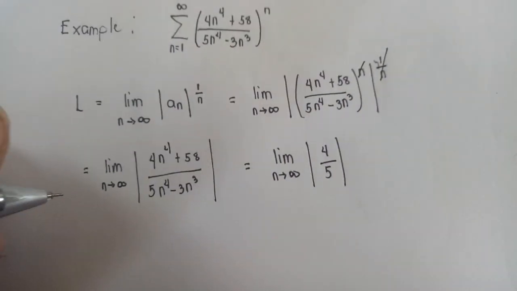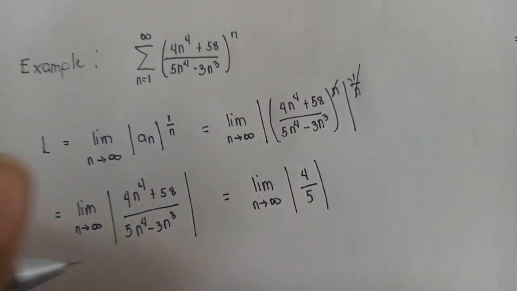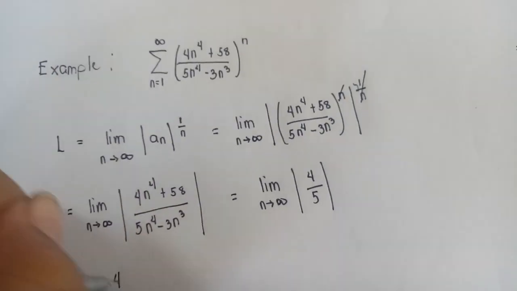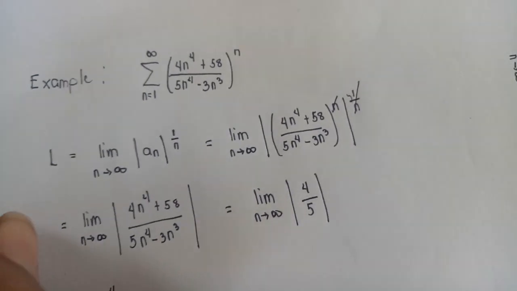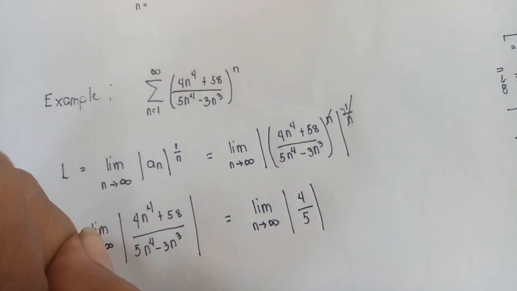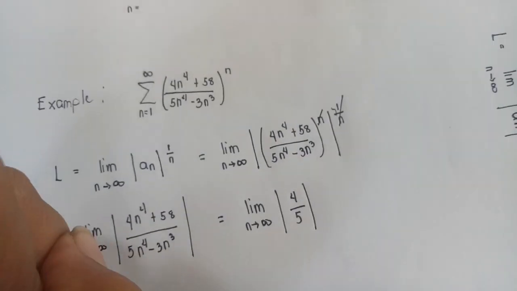So our answer is 4 over 5, which is less than 1.